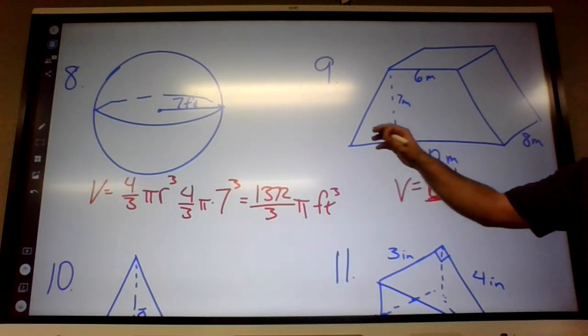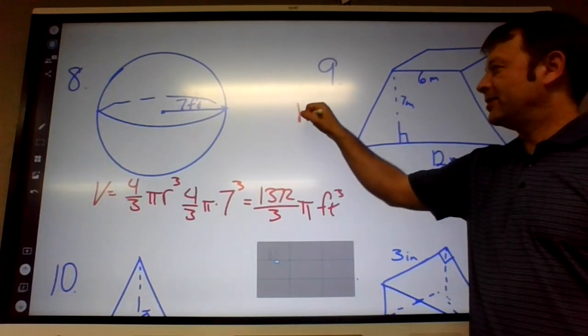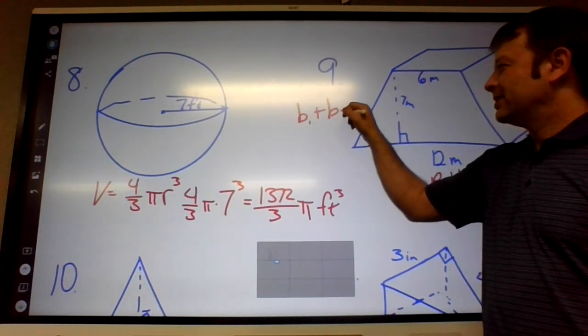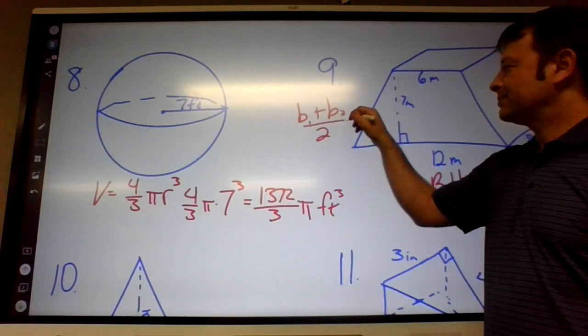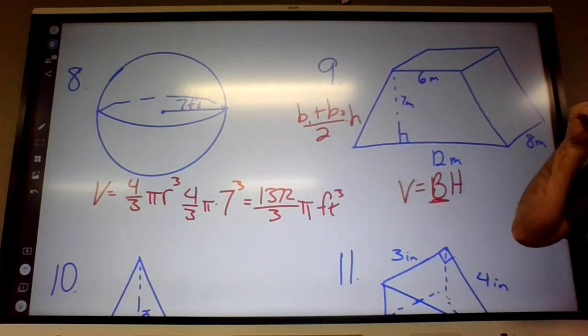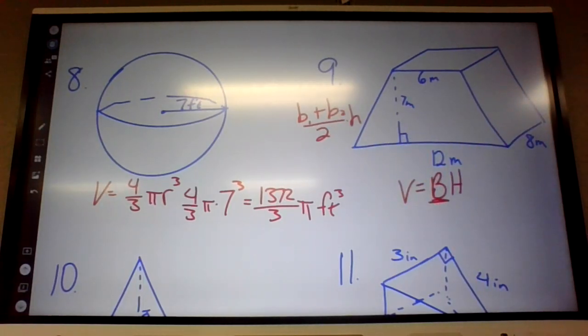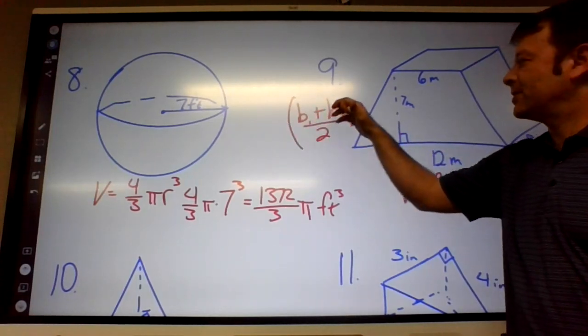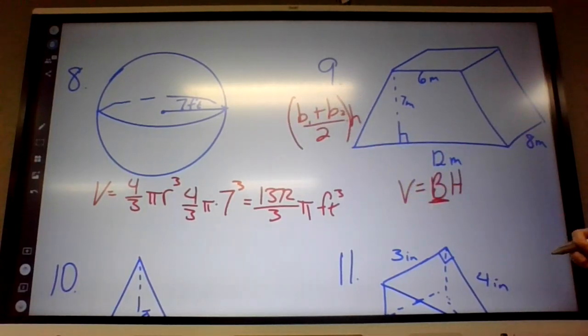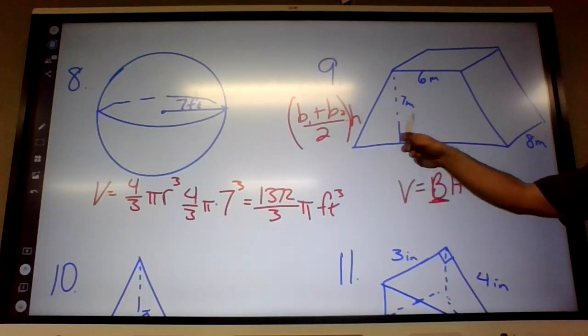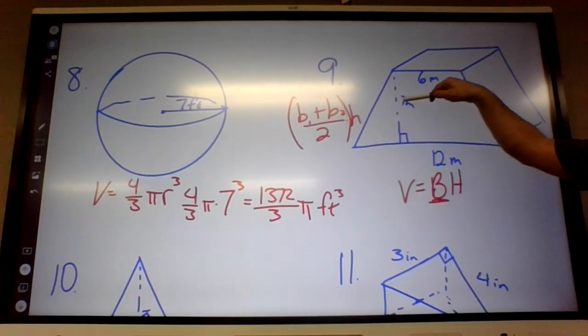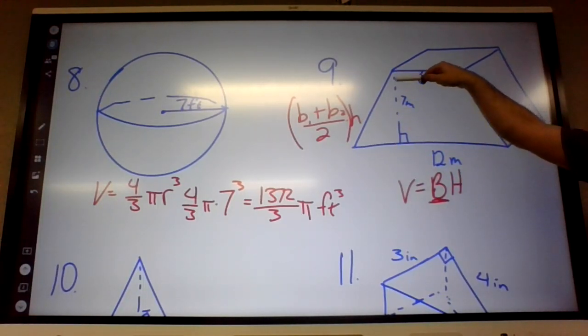Right. You guys remember this little sucker? It's not on the board. Remember that one? Average of the bases times the height. I think I wrote it like this a lot of times, maybe with parentheses. So little h means the height of the trapezoidal base.